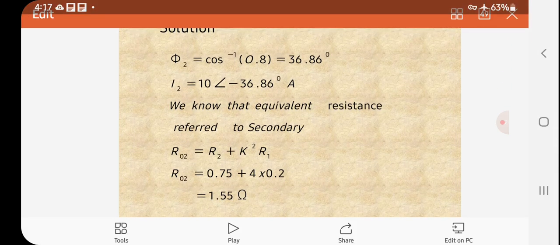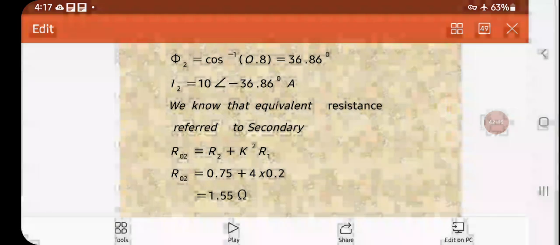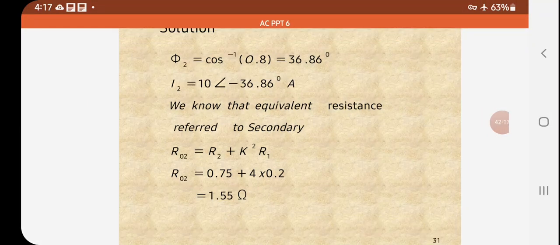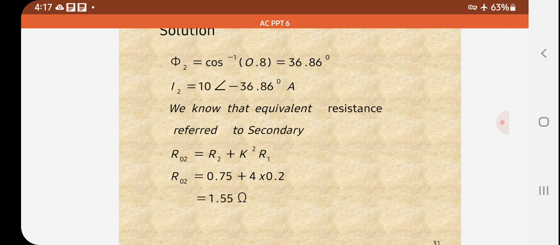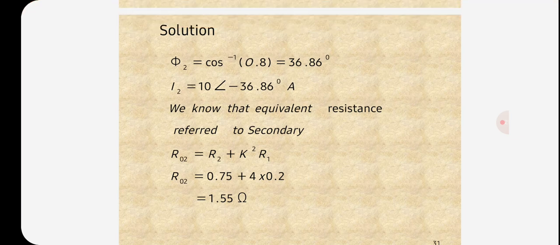So the solution is, phi 2 is equal to cos inverse of 0.8, that is equal to 36.86 degrees. So I2 is equal to 10 angle of minus 36.86 degrees amperes.